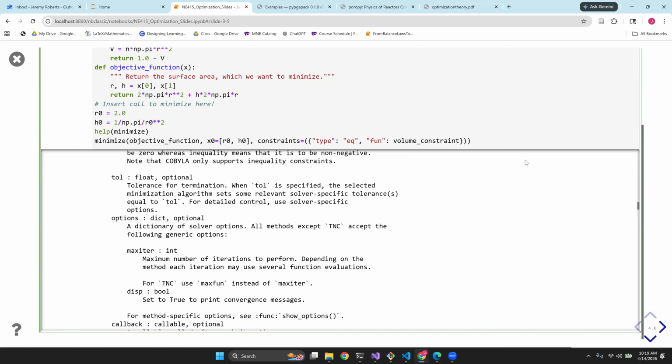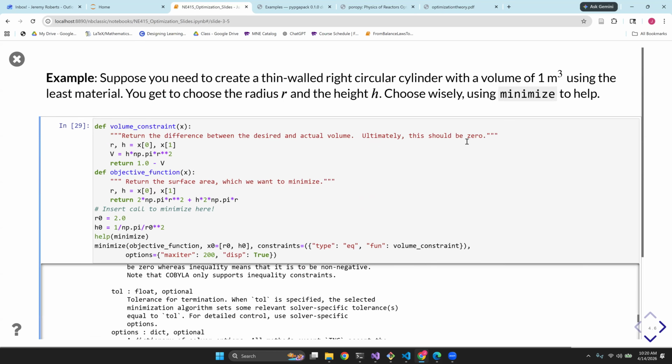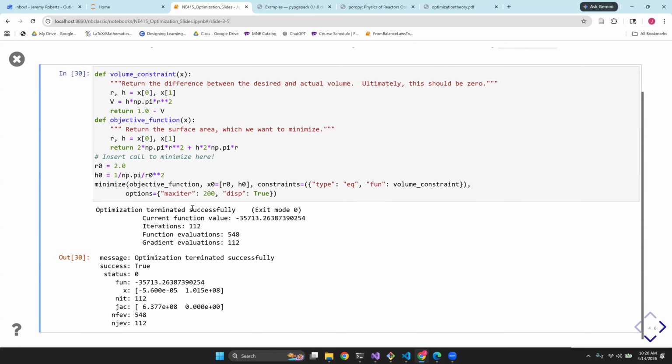So if I take this and I do options equal maxiter, and I say that maybe I'll put that to 200. And you know what? I can actually do disp true in case we want more. We'll try that. Hey, look, it worked this time. I only needed 112. Okay.